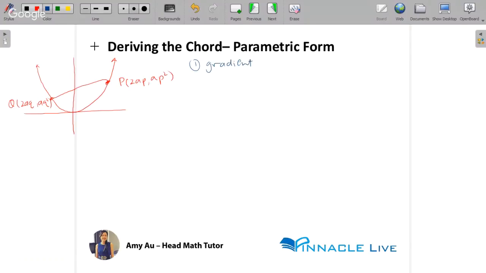So start with the gradient. This time we've got two points, so we're going to apply the gradient formula: y2 minus y1 over x2 minus x1. Apply that to those coordinates. And then factorize.